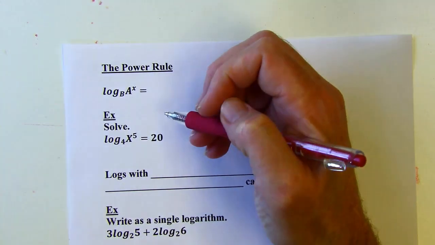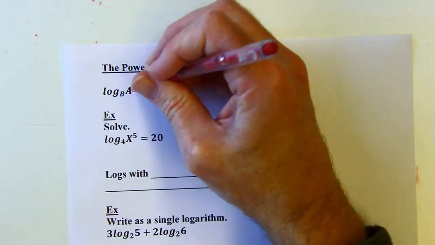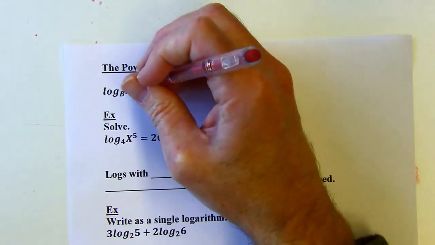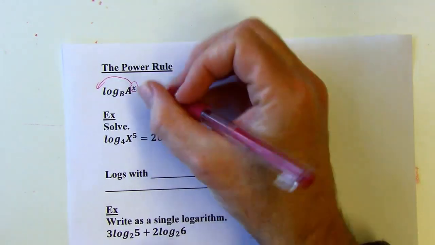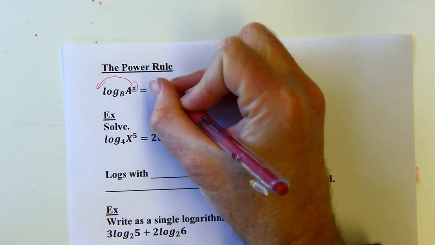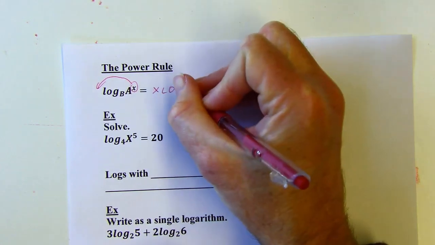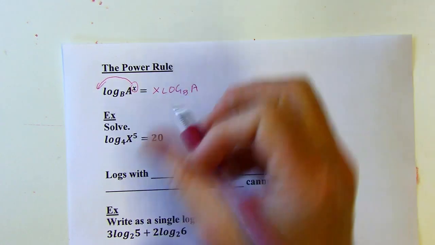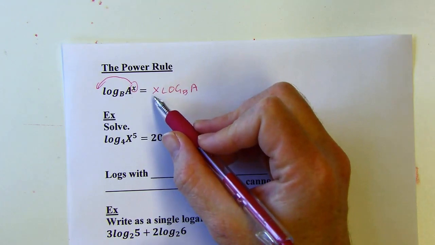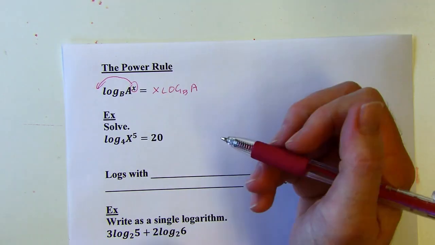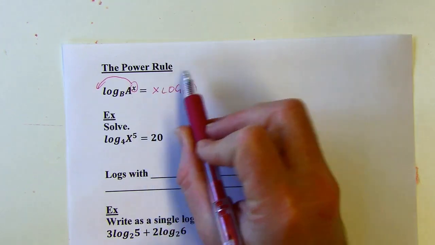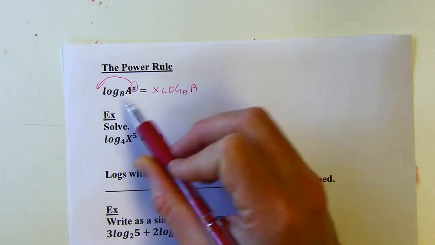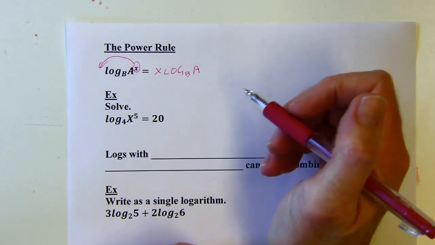What I can do with this exponent is pull that x out in front of the log, and it's going to become a coefficient. So it's going to be x times the log, okay? And you can use this in reverse too, right? If you have a coefficient, I could pull it up there and make it an exponent. So you can use the power rule in either way. It's very powerful. All right.